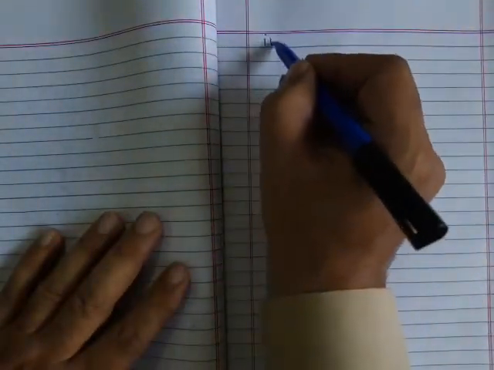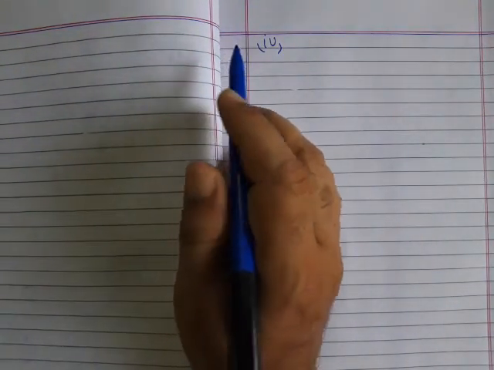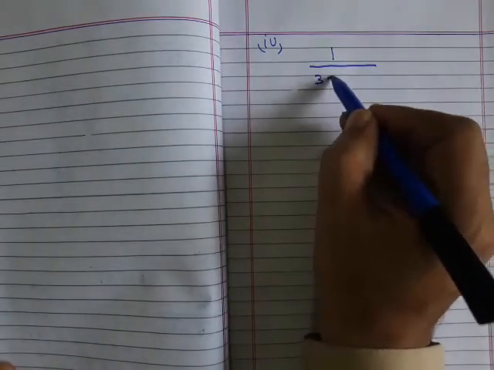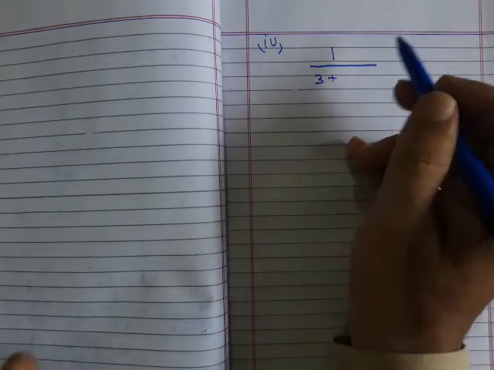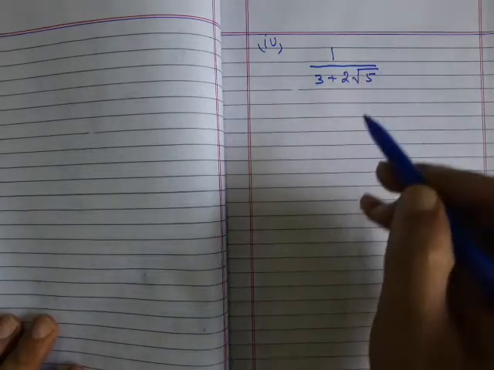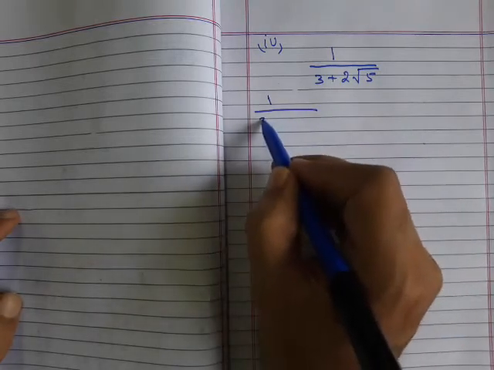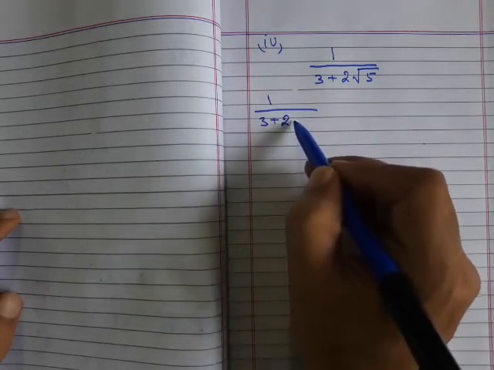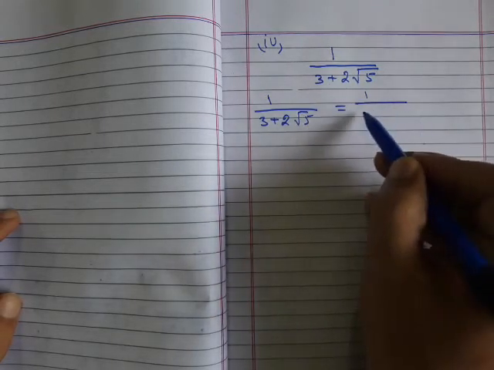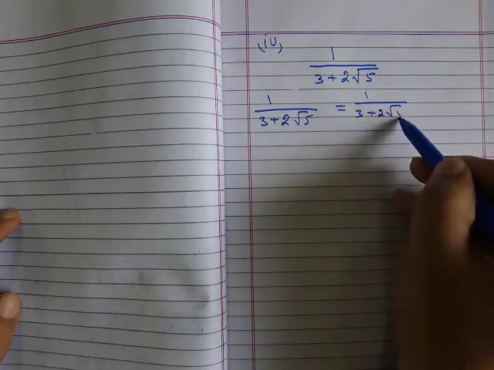Now beta, part number 4. One over 3 plus 2 under root 5. Again write this. 1 over 3 plus 2 under root 5.